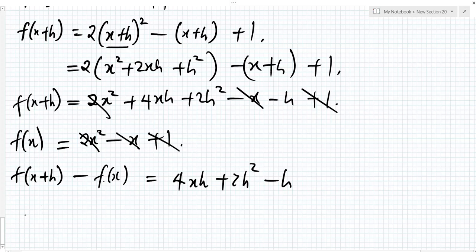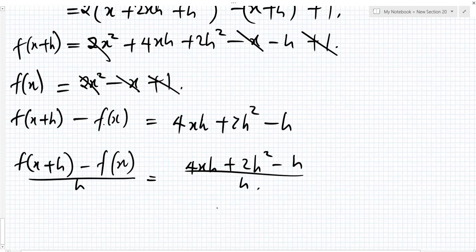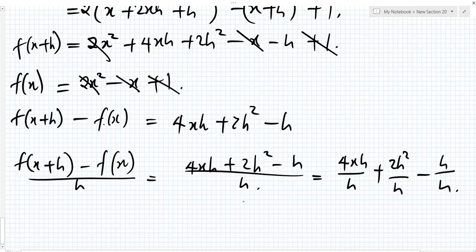Now that means f of x plus h minus f of x all divided by h will be equal to 4xh plus 2h square minus h all over h. So this is using h to divide all the terms. You have 4xh all over h plus 2h square all over h minus h all over h.